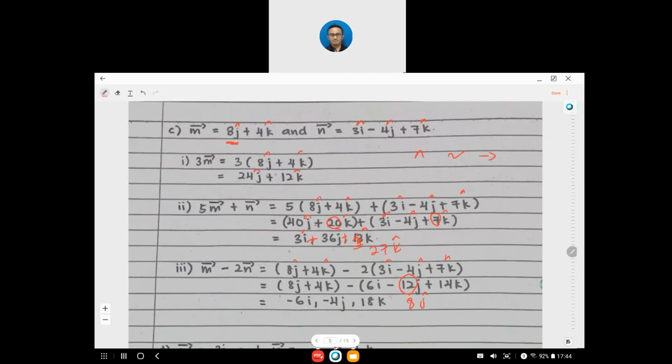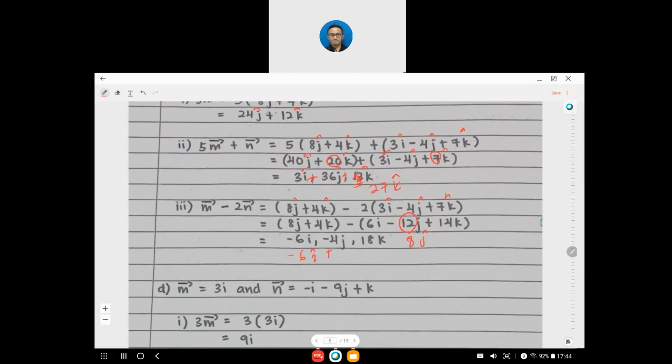Then you get negative 6i plus 16j minus 20k... no, where is 20? It's not 8 plus 12, this is just 8j, because 2 times 4 is 8. Minus minus becomes plus. So this is your final answer: negative 6i plus 16j minus 10k.